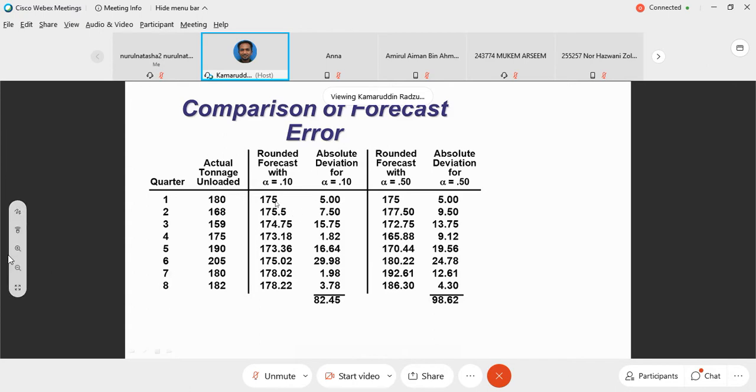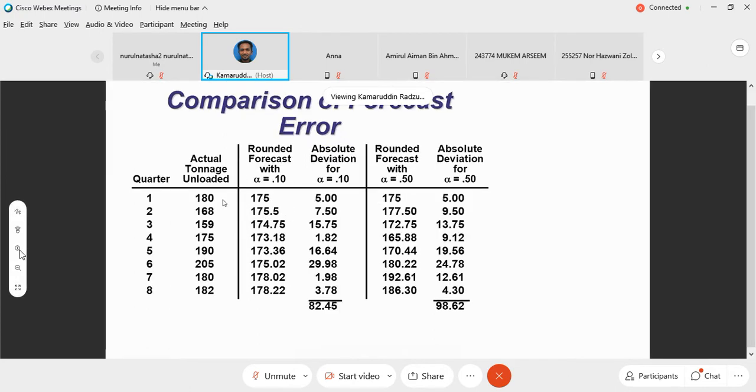How do we get the 5? We just take actual, 180, minus forecast, 175. So we have 5 units here.